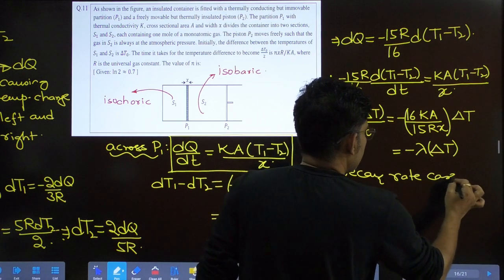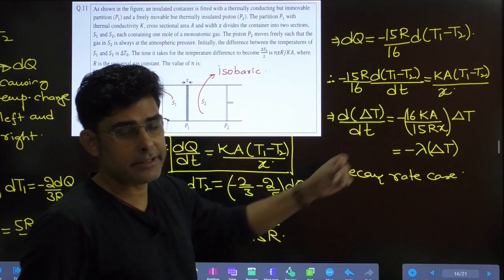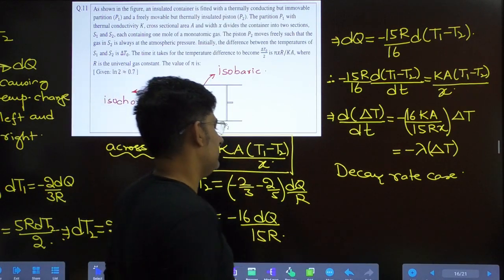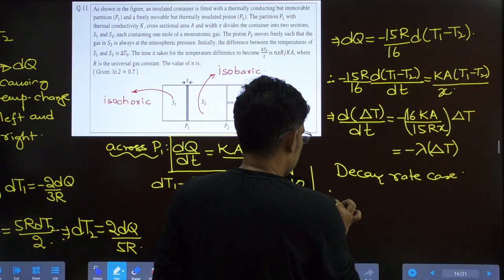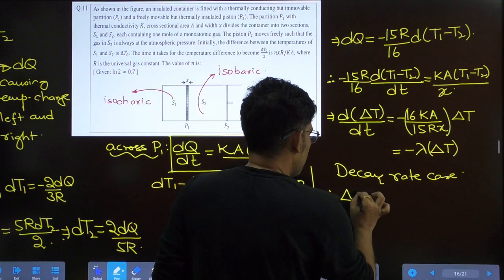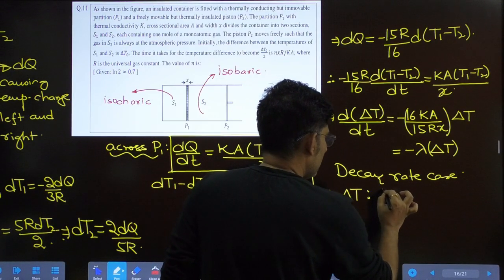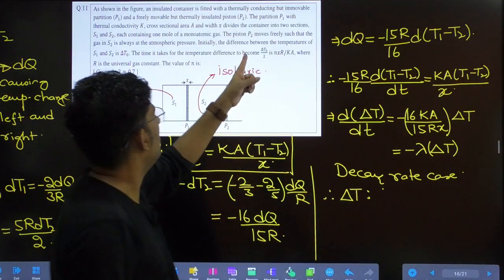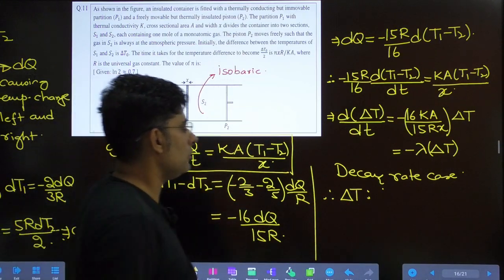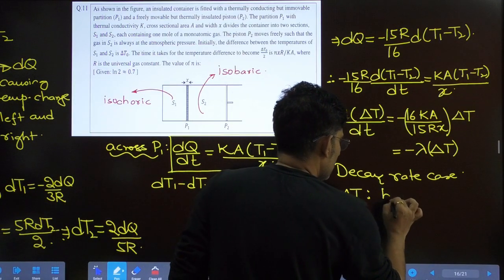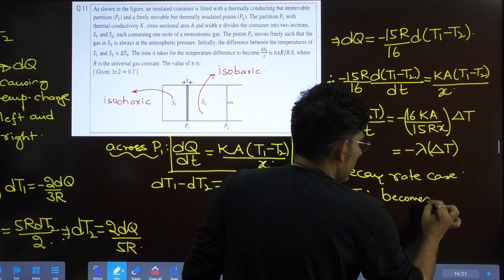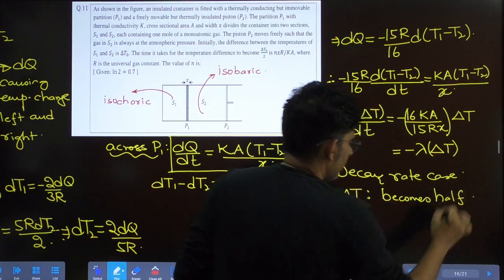So this is a decay rate case, just like radioactive decay, and they have said the temperature difference falls from delta T naught to delta T naught by 2, which means it becomes half.